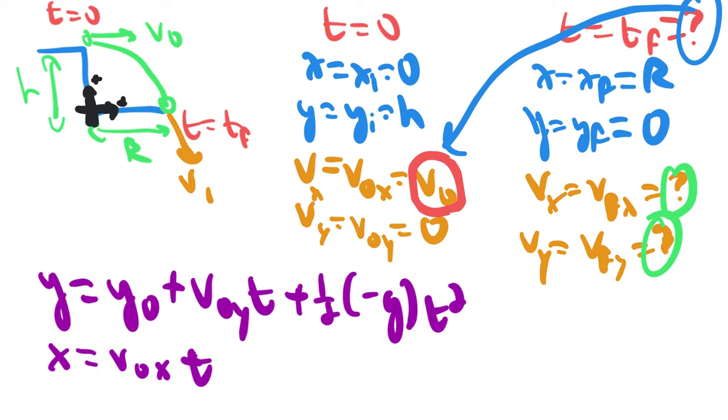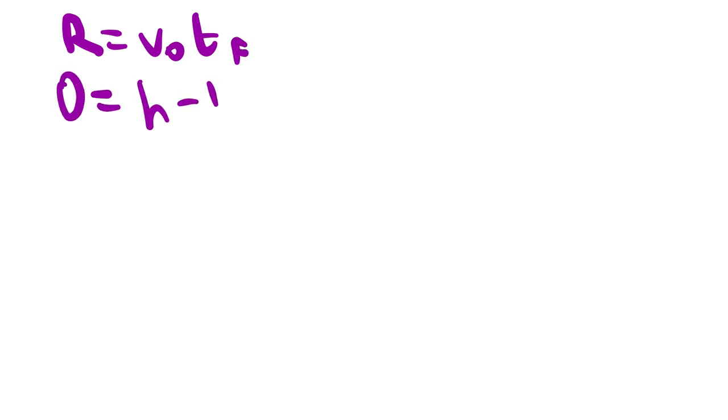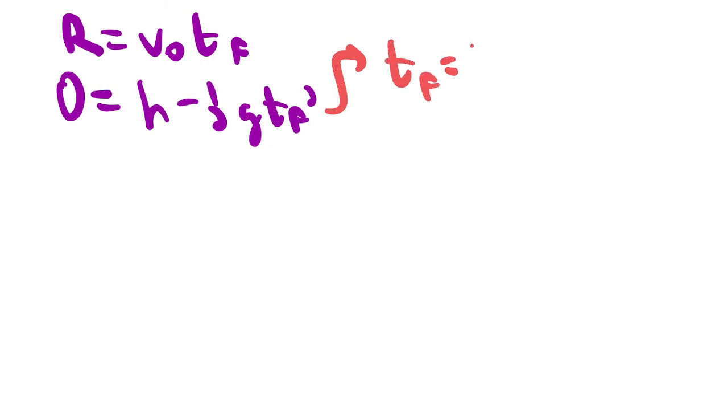I'm going to pop to another screen for more room. At the end, the distance traveled is v0 times the time of flight, and also 0 equals h minus 1/2 g tf squared. As we solved several times in class, this eventually becomes that the time of flight is the square root of 2h over g.